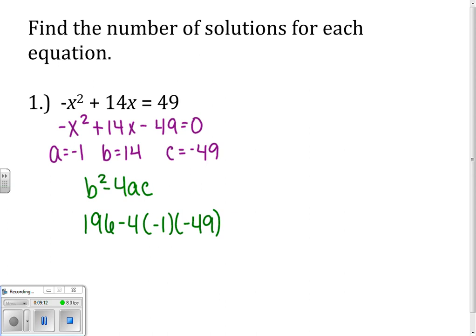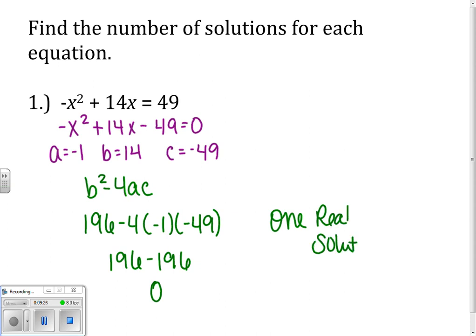I'm not really picky about what work you show, but at this point you should have 196 minus 196, which is 0. When the discriminant is 0, you have 1 real solution. So your answer isn't what the solution is, it's what kind and how many you'll have. That's what the discriminant tells you.